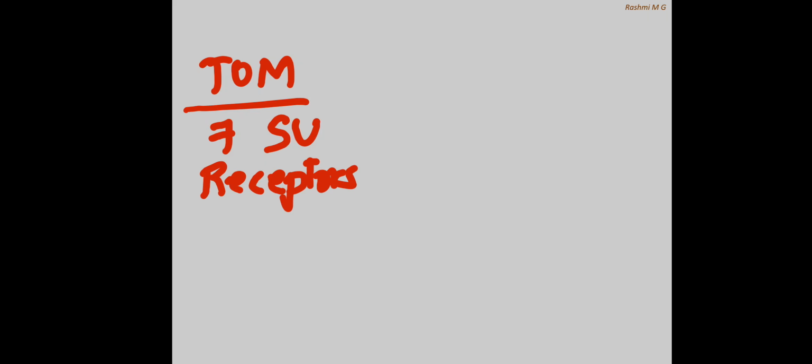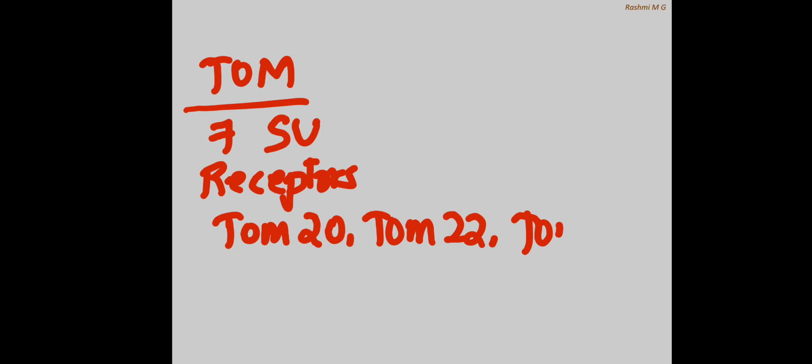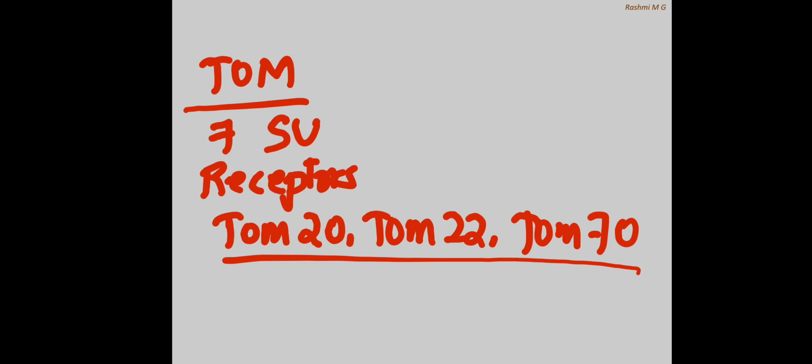They have these parts. The receptor, which includes Tom 20, Tom 22, and Tom 70. These components will recognize the precursor protein and transfer them to the central component channel, forming Tom 40.